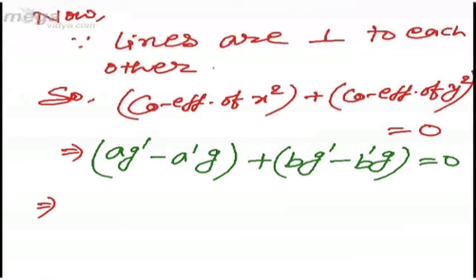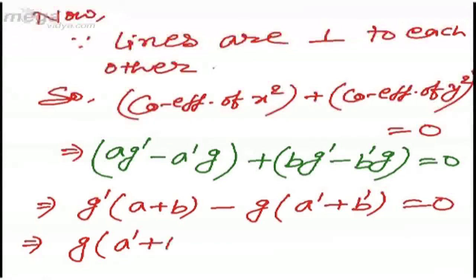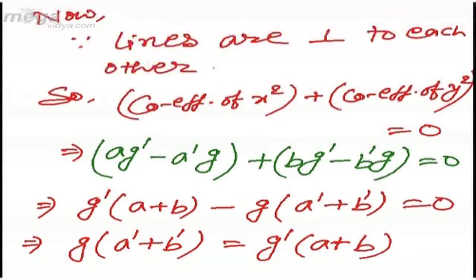After simplification, taking g dash common, it becomes a plus b, and taking minus g common, a dash plus b dash is equal to 0. So g into a dash plus b dash is equal to g dash into a plus b.